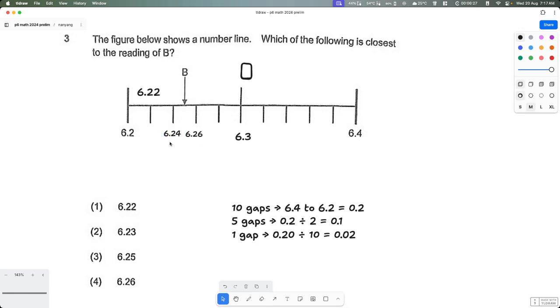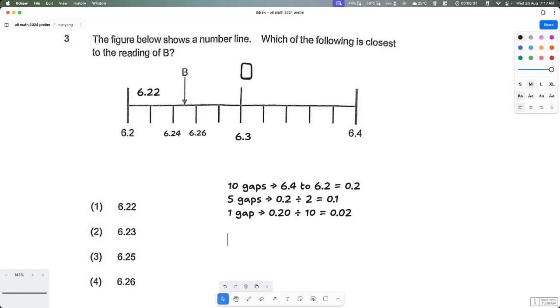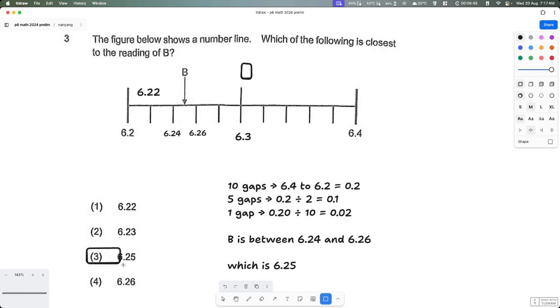All right, so that means B is between 6.24 and 6.26, which is 6.25. So the answer is option number 3. All right, let's move on to the next question.